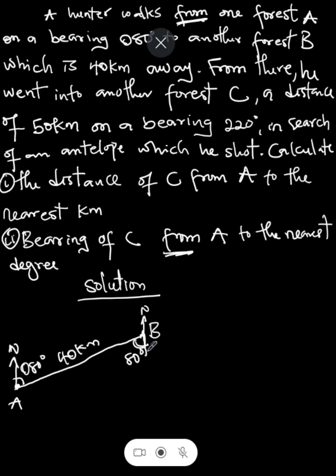From forest B, he went into another forest C, a distance of 50 kilometers on a bearing 220 degrees. So 220 degrees will be from this point. This is 180, so 220 will be around this point, between 180 and 270.